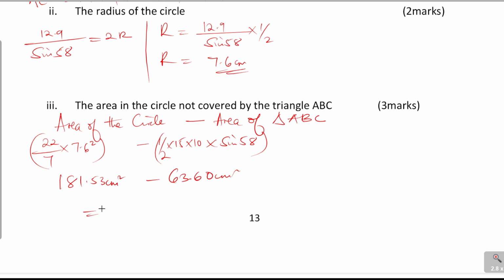So when you subtract these, 181.53 subtract 63.6, that gives 117.9 centimeters squared. And that is how you're supposed to solve that question.